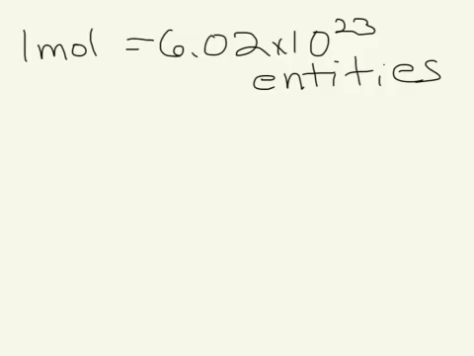With molar mass, we're trying to figure out how much 6.02 times 10 to the 23 atoms or molecules of something weigh. The reason we do that is because then we're working with an amount that we can actually see, and we can observe how it reacts. If we're just working with one atom, that's very, very small, so we usually work with bigger numbers. That's where the mole comes into play.